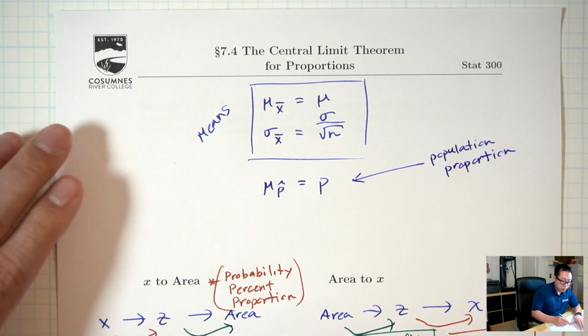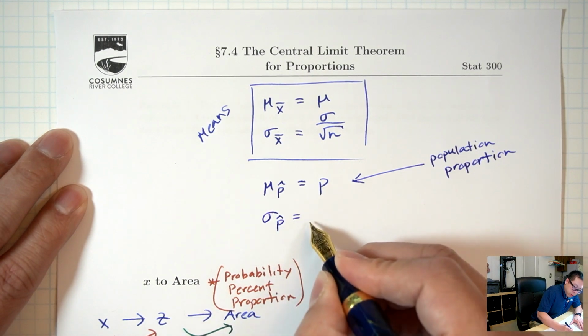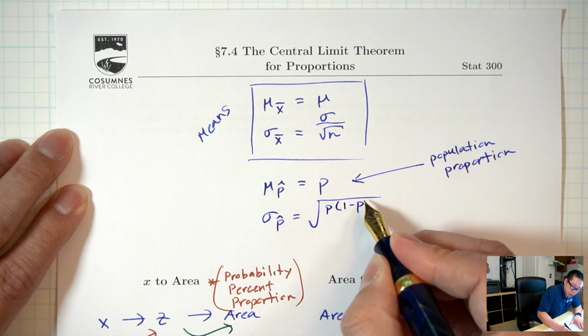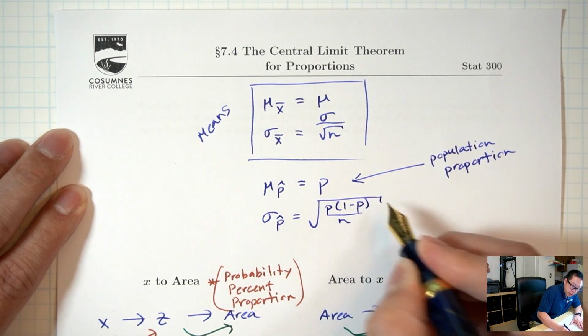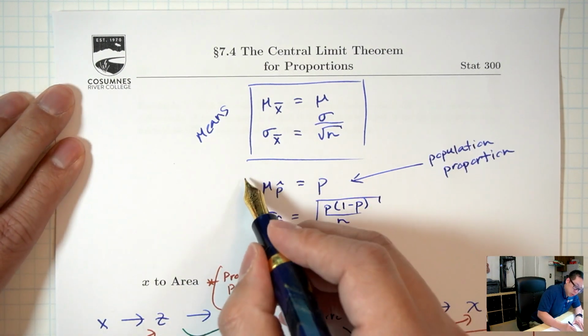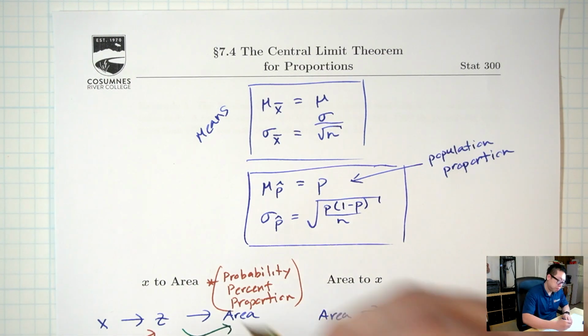And the standard deviation you're supposed to use is the big square root of p times 1 minus p over n. Okay, make sure that the entire fraction is inside the square root. And this is for the proportion situation.